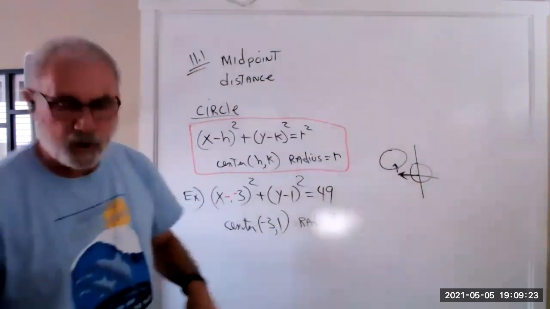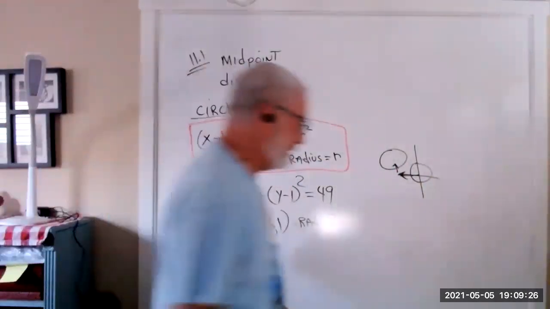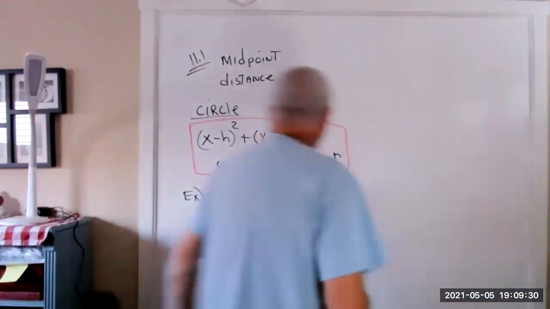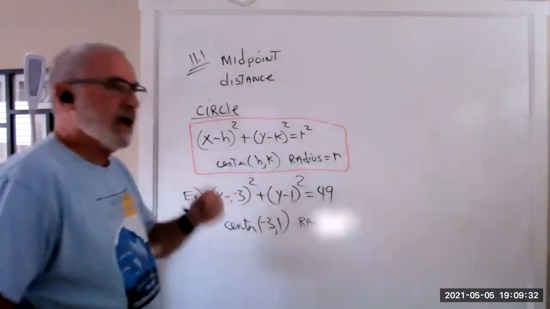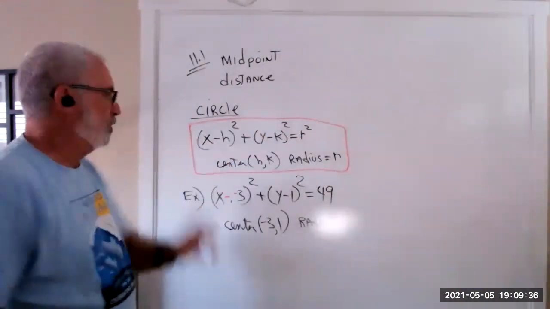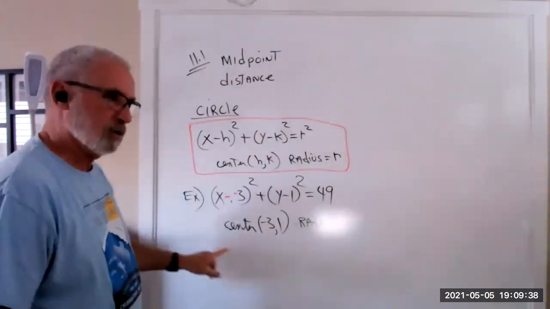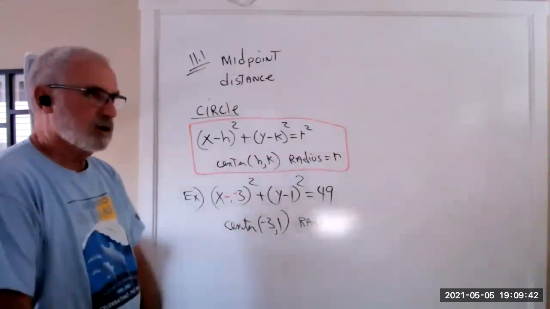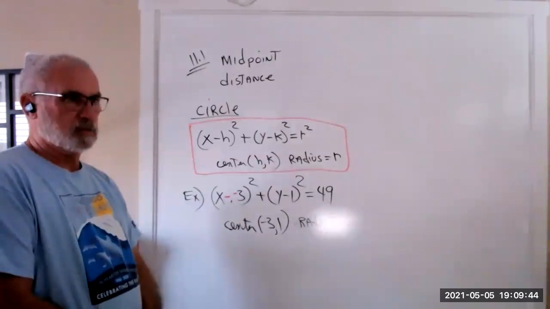Okay, and then the radius was 7. So real quick, I want to spend a second still on this problem. Can you find 4 points on this circle?